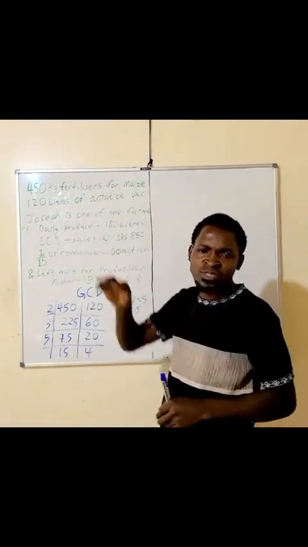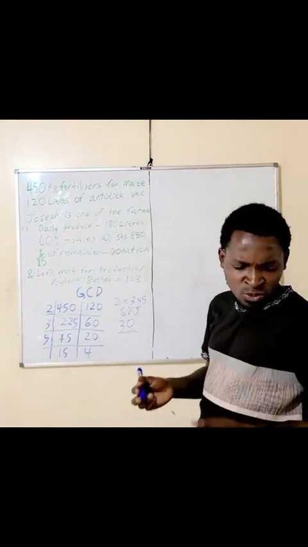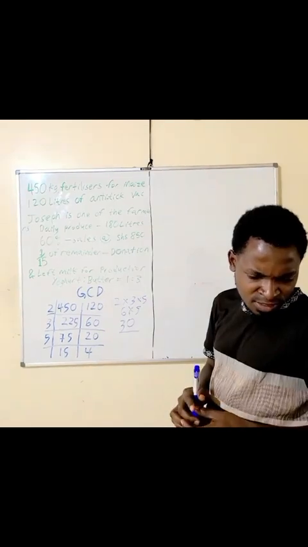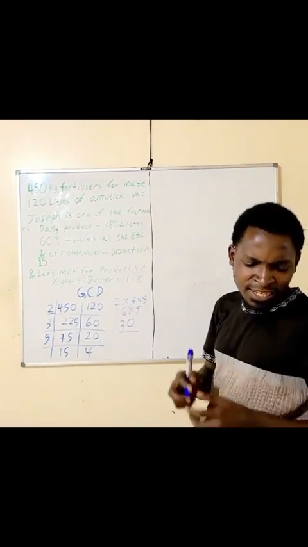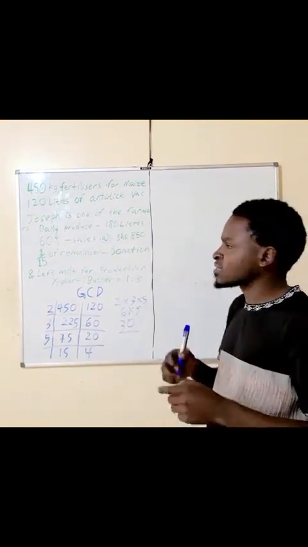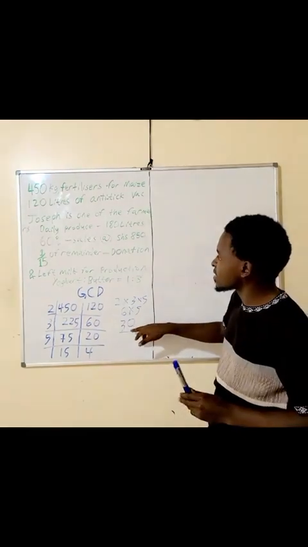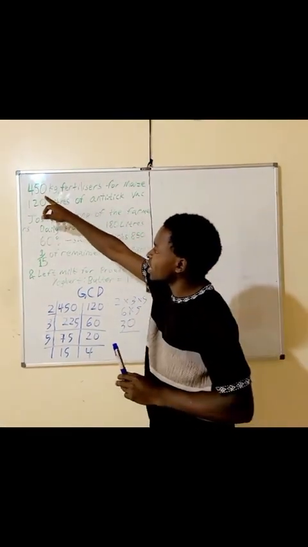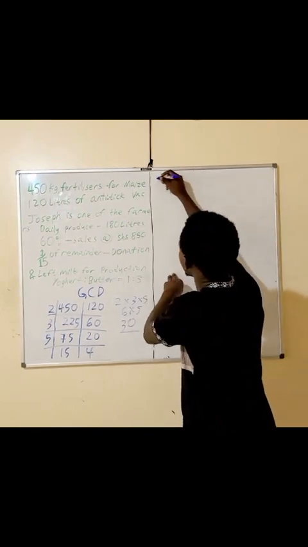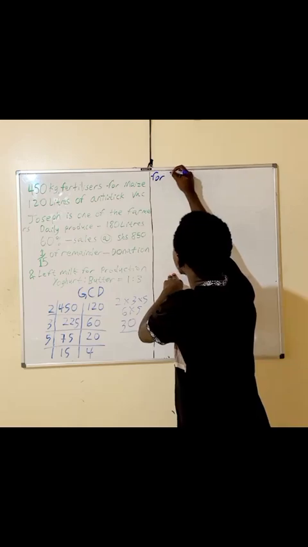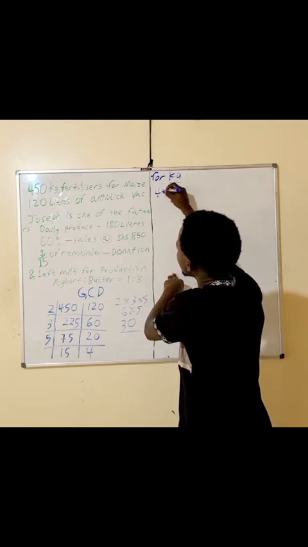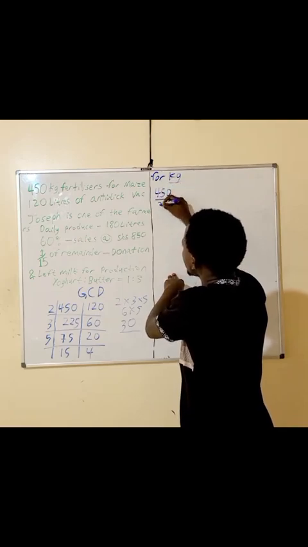You need to conclude as usual. Then Roman number 2, they want us to find the kilograms of fertilizers and liters of active vaccine that each farmer received. That is very simple. I'm going to just divide by this 30. For kilograms, each farmer received 450 divided by 30.